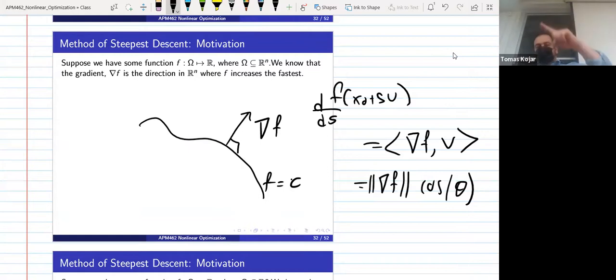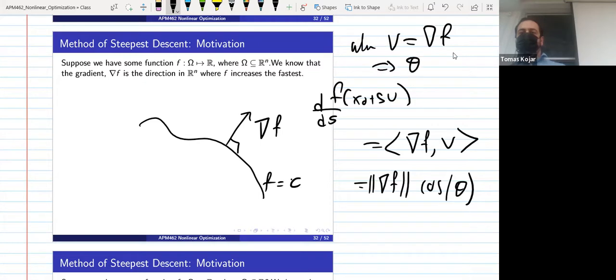And we said that when you're moving in the direction of the gradient, when v is the gradient of f, then theta is 0, because their angle is 0, so cosine of theta is 1.